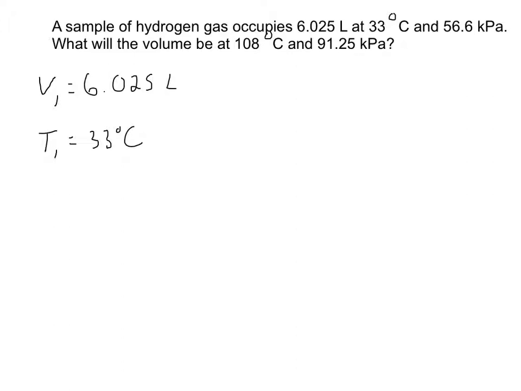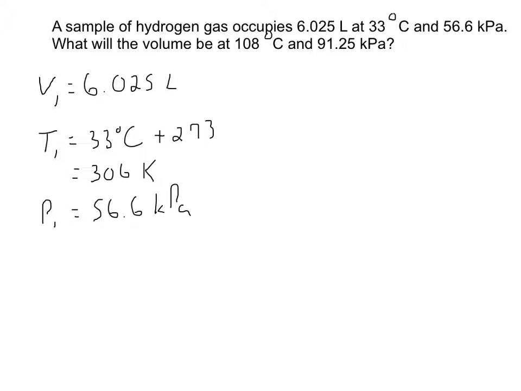We need to convert that to Kelvin. If we take our degrees Celsius and add 273, that converts it to Kelvin, and therefore our T1 will be 306 Kelvin. Then I see that I have 56.6 kilopascals. That is a pressure, and that is my P1.